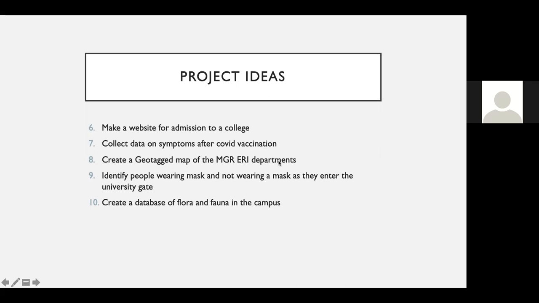Geotag a map of NGR ERA departments. Identify people wearing a mask or not wearing a mask as they enter the university gate. Create a database of flora and fauna on the campus, which can be crowdsourced, a way by which you can ask your friends to enter data if they have seen a new flower or some animal within the campus.